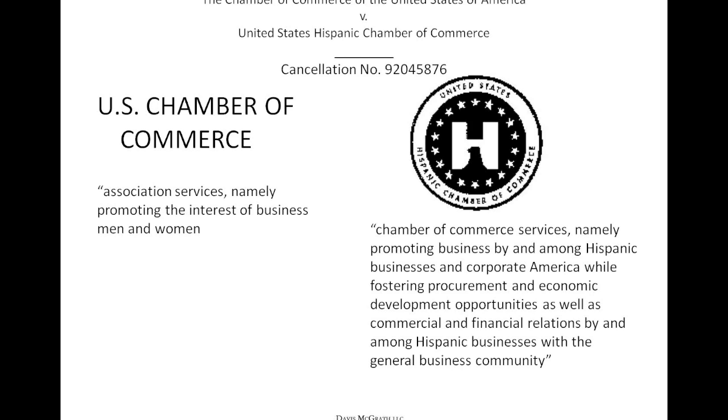Which next gets to the factor that's often addressed first, but they chose to address it fifth, the first factor, which is the similarity of the marks themselves. I should have noted that the design mark on the right, the applicant had disclaimed its words "United States Hispanic Chamber of Commerce" as being descriptive, and so really all its registration covers is the design itself.